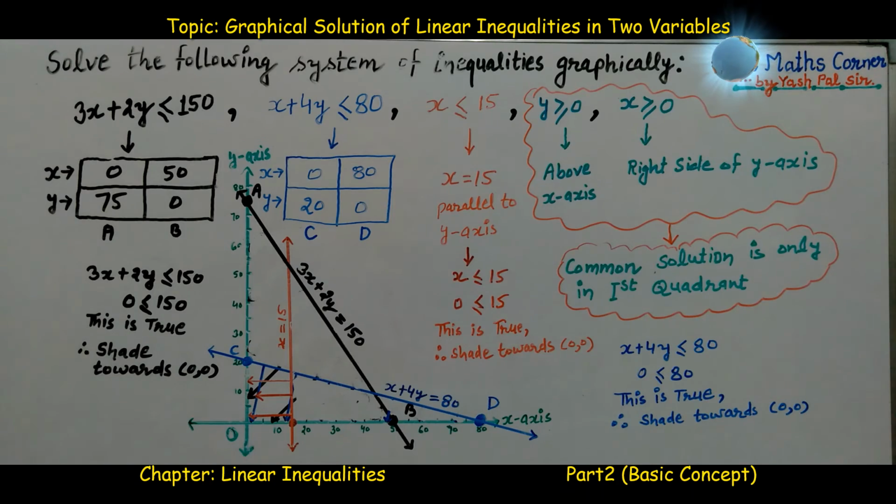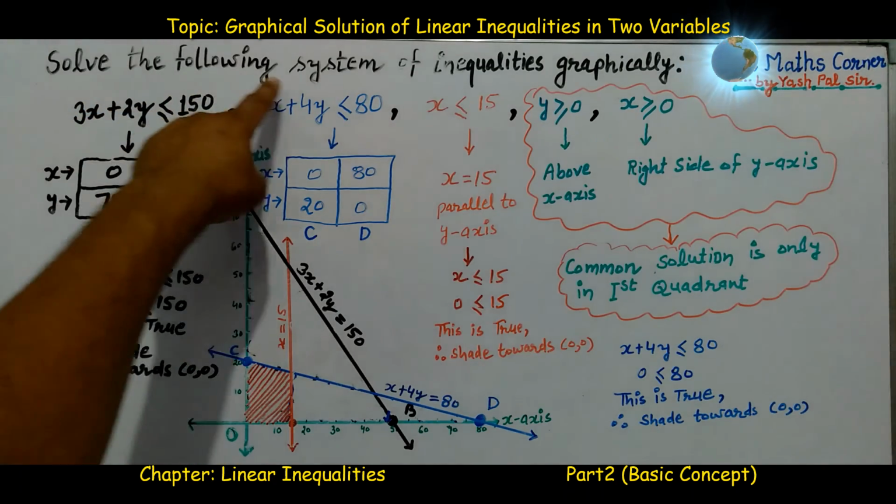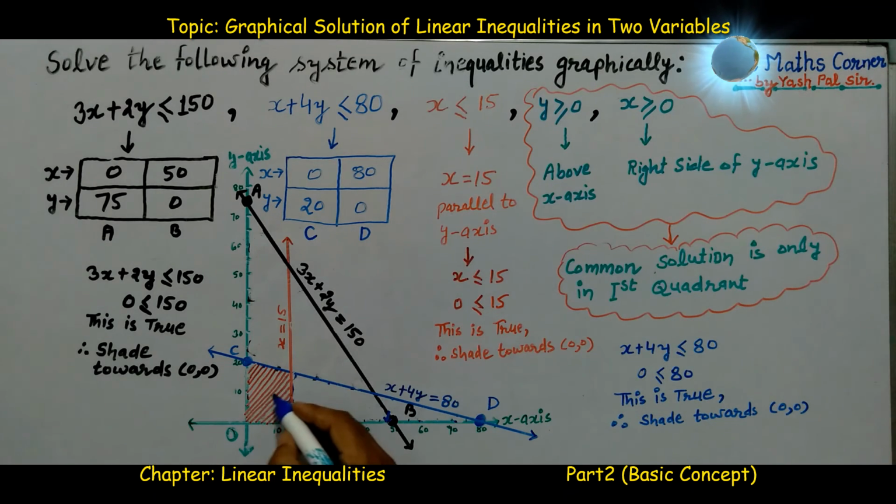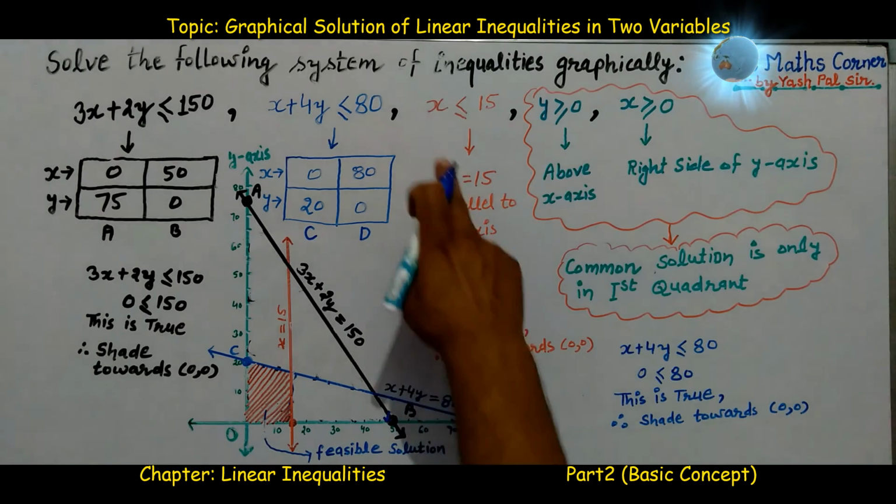So, solve the following system of inequalities graphically. The common solution of all the five inequalities is shaded here, and the name of this common solution is the feasible area, feasible solution. So this is the graphical solution of the given inequalities.